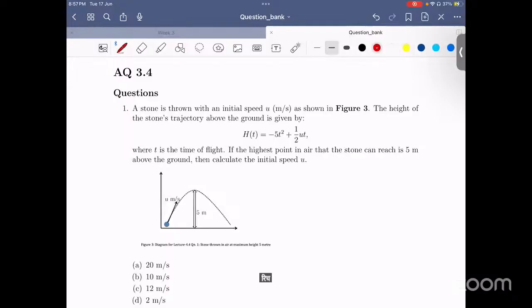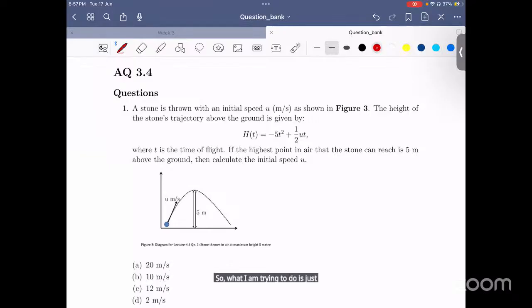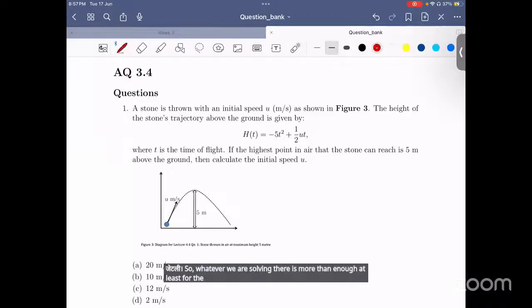Whichever question we are discussing, almost a similar problem is there in your qualifier paper also. So whoever is not solving, please try to solve it. Just watch this 2 hour lecture, and then for quadratic equation you don't have to go and revise it again. Whatever we are solving is more than enough, at least for the quadratic equation. Try solving this question.